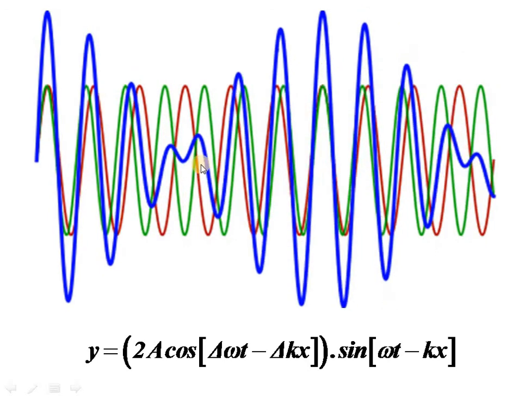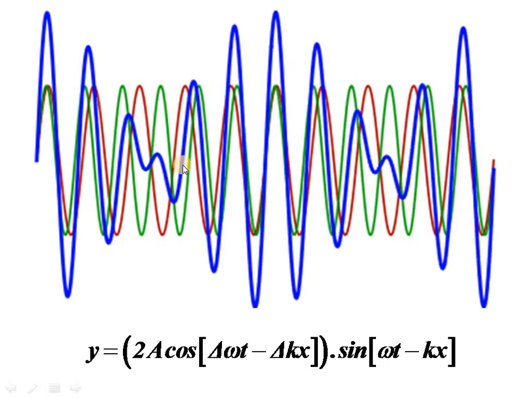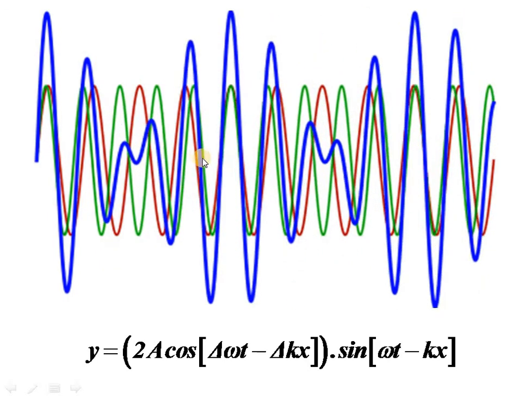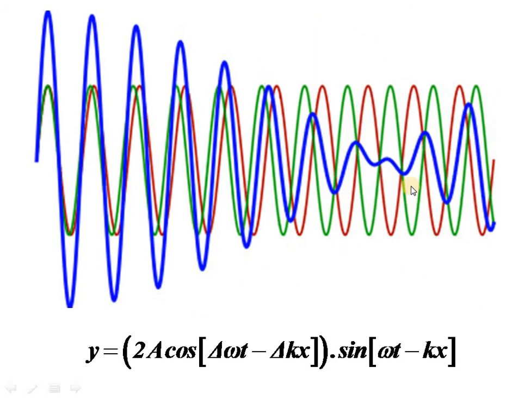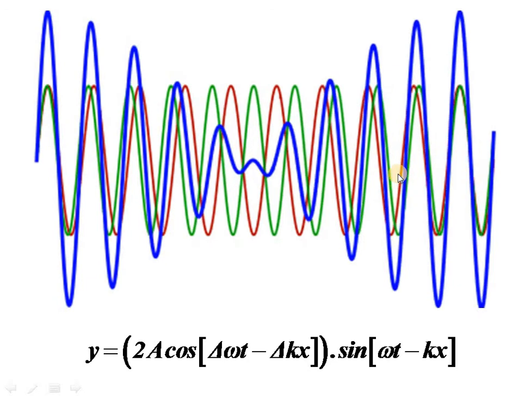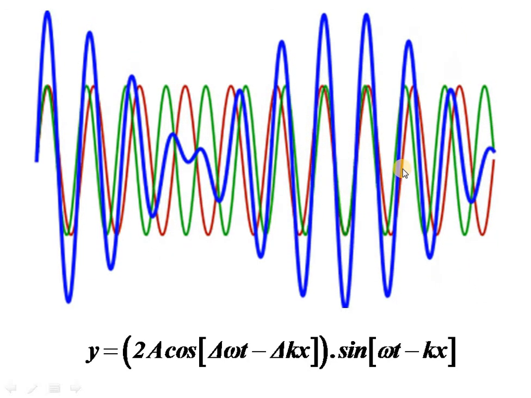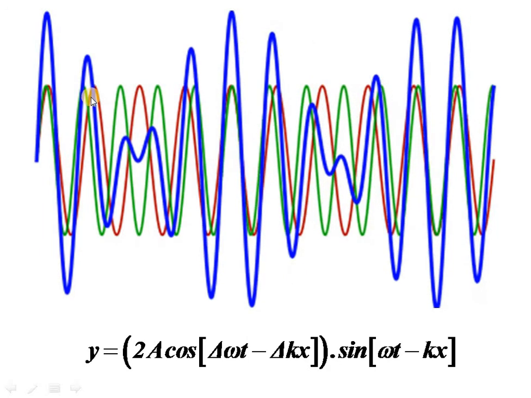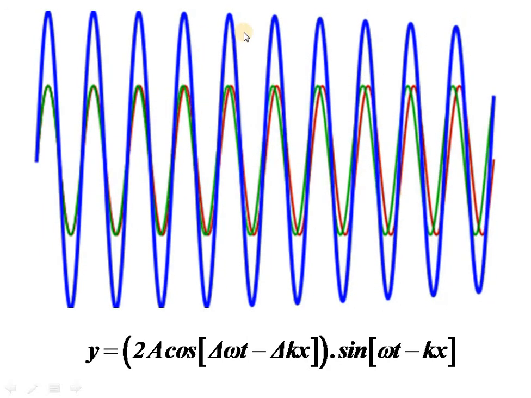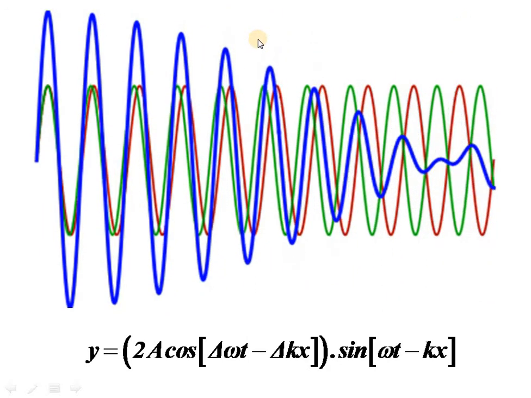You can see there are points of completely destructive interference, and there are points of completely constructive interference. For example, at this point there is destructive interference because both waves are going in opposite directions. Whenever the waves are in the same direction, there will be a point of constructive interference, and you get the antinode point.